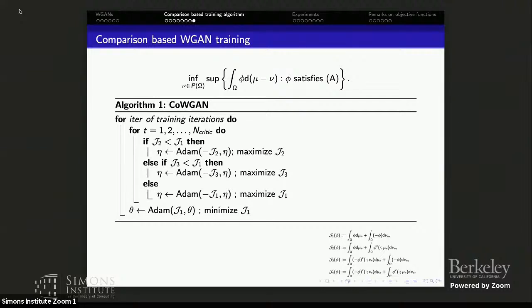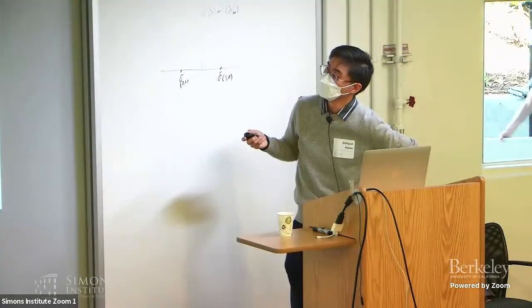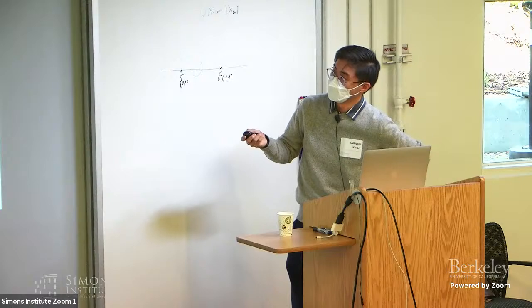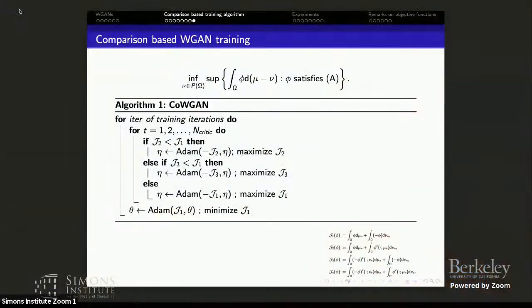So the idea is the following. Since we want J1 to always be less than or equal to J2, and J1 less than or equal to J3, and we know that our phi satisfies the Odinson property, nu being equal to mu is the minimizer. Mu is a given measure, and you'd like to find nu.